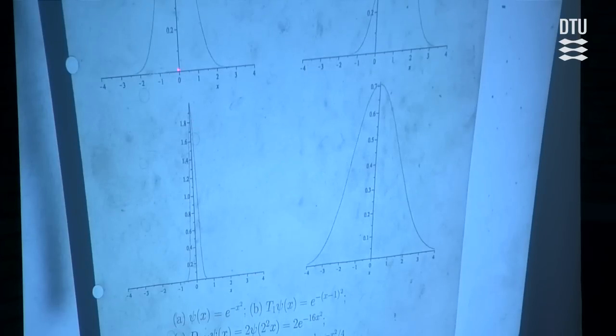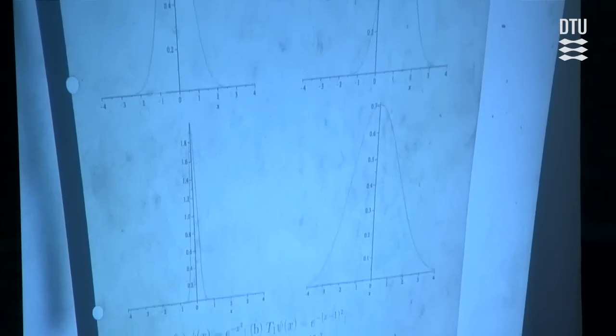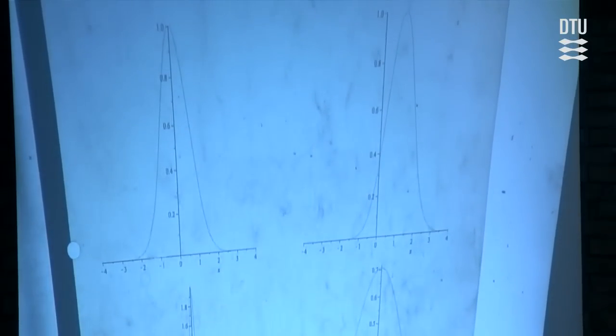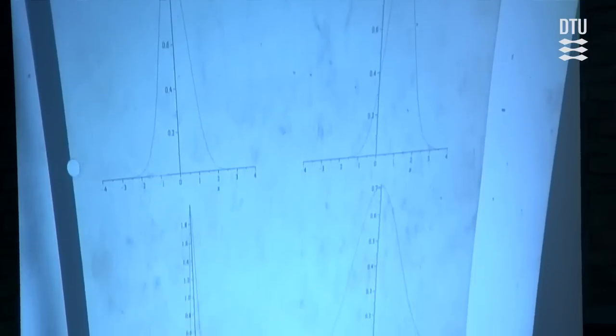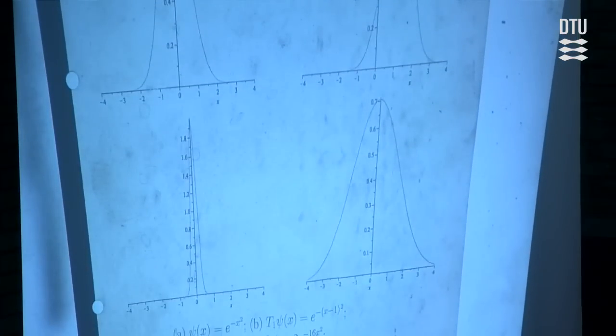You can see the function we start with takes the value 1 for x equal to 0, but this one takes the value 2 because of the factor we have here. And it also gives a much more compressed version of the same one. So in other words, if you look at this operator and you do it with a value of c that is greater than 1, you get a more compressed version of your function, and you get with a higher function value as well.